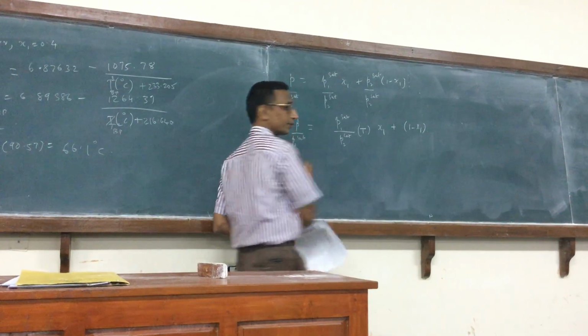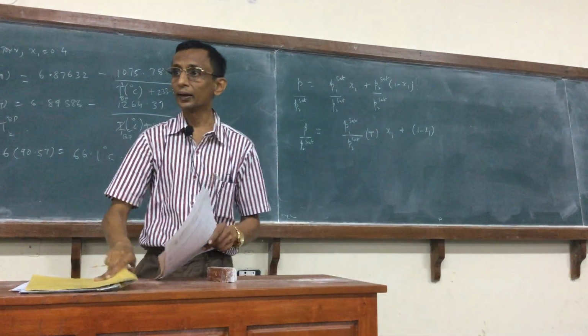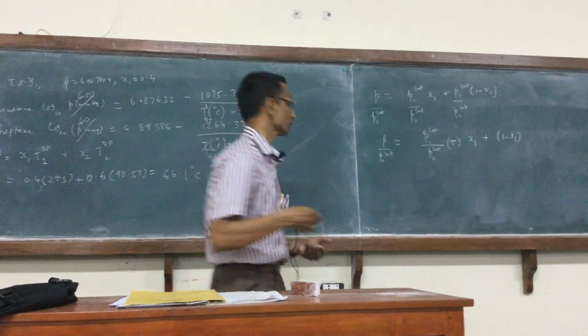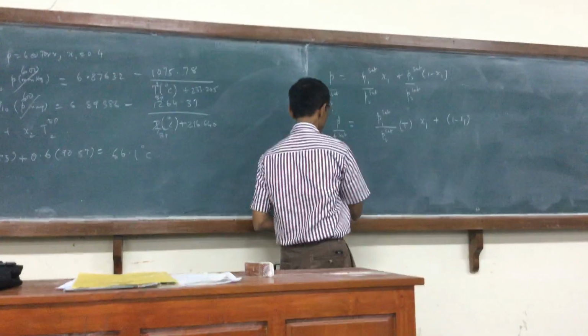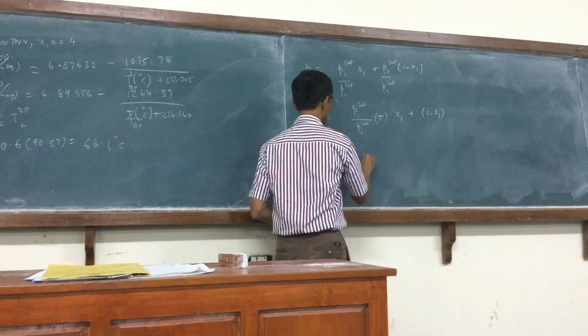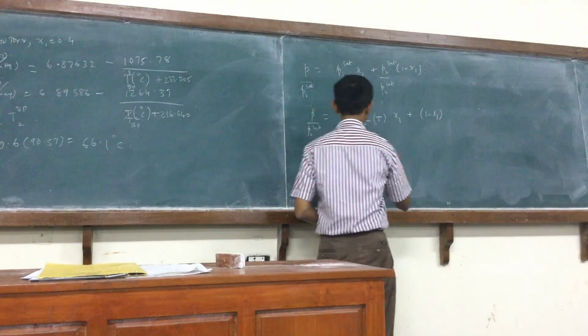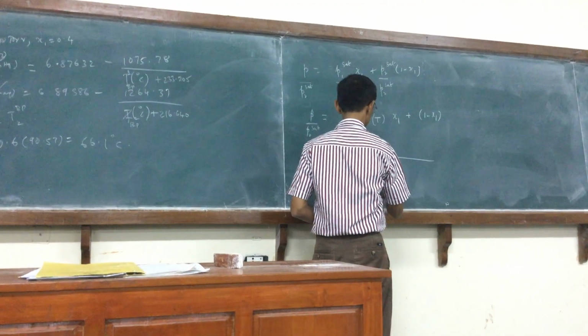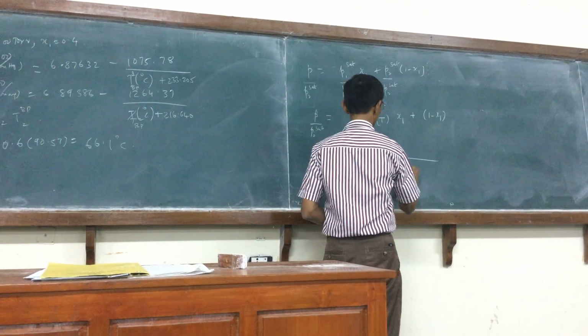So what I need is an equation for P2 sat in terms of temperature. That's what I will use to find the next, successive temperature. So P2 sat, if I just invert this, is P times 1 over the quantity P1 sat by P2 sat of T times x1 plus 1 minus x1.